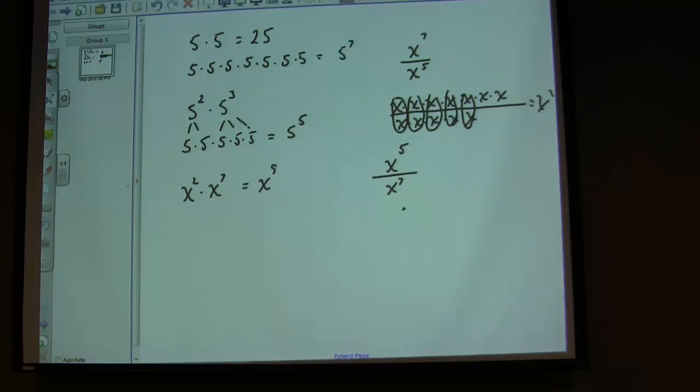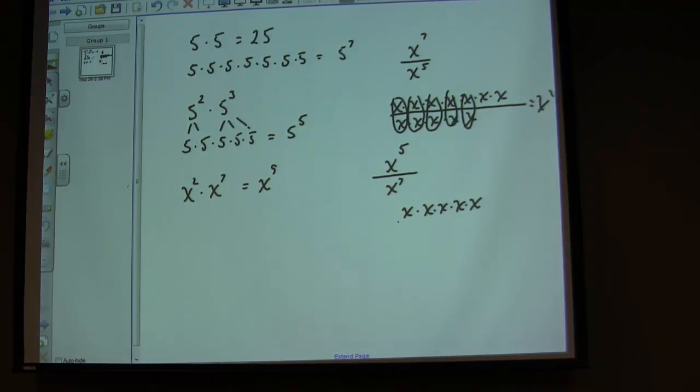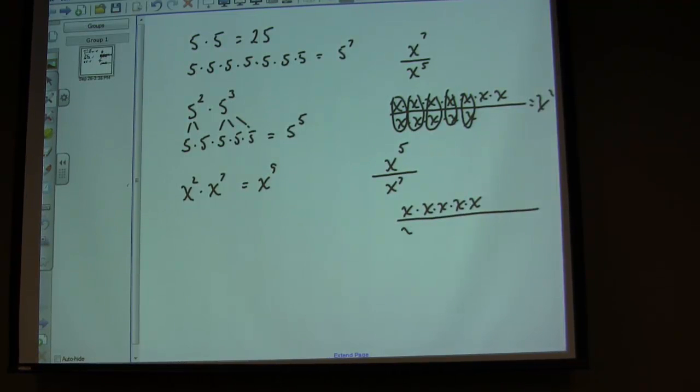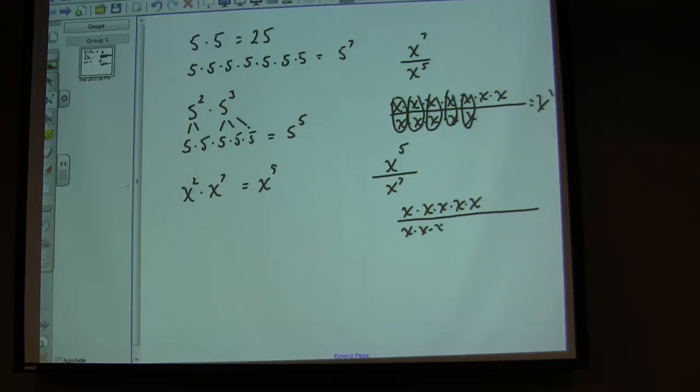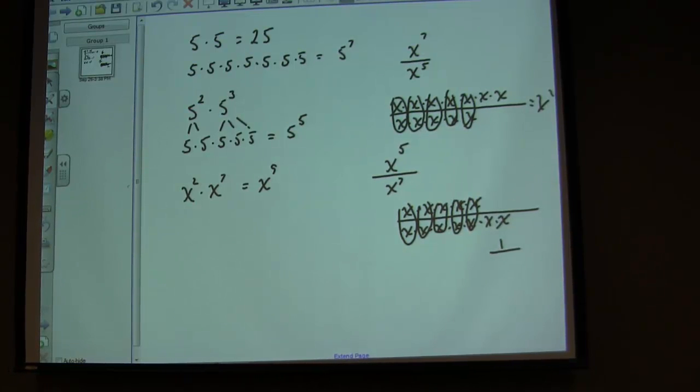Now we would have five x's on the top and seven on the bottom. And these still form ones. So we could say that this is 1 over x squared.